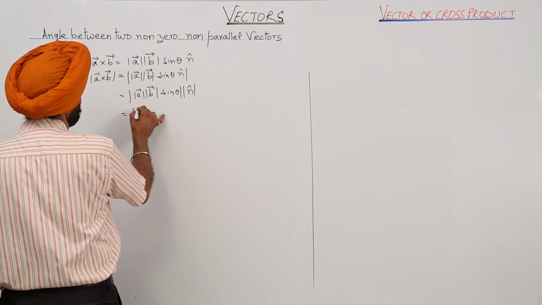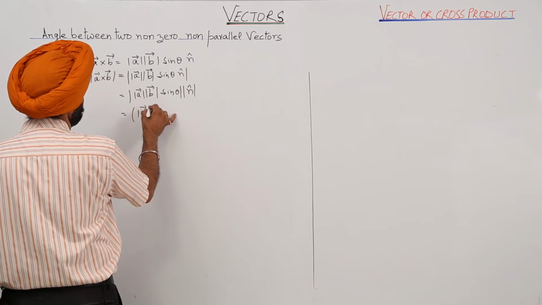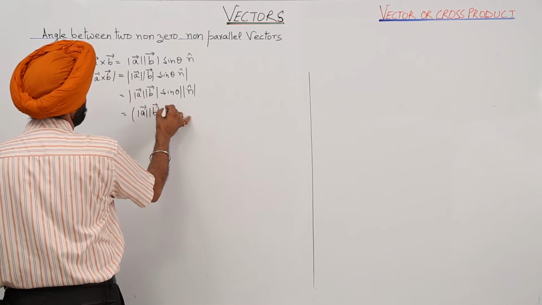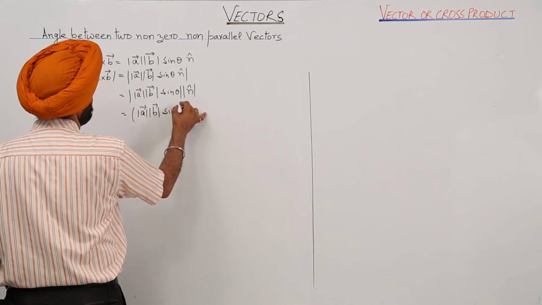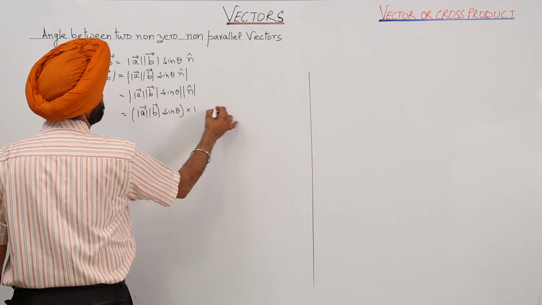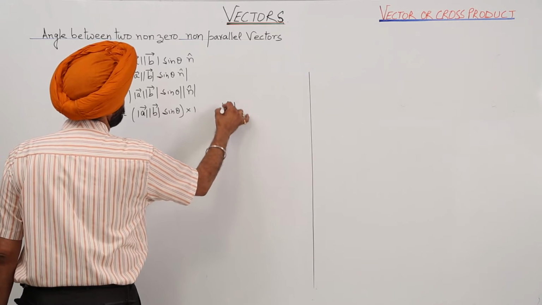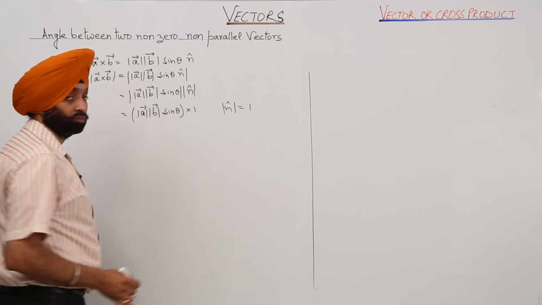Now magnitude of vector A, magnitude of vector B, sin theta times 1, since the unit vector has magnitude 1.